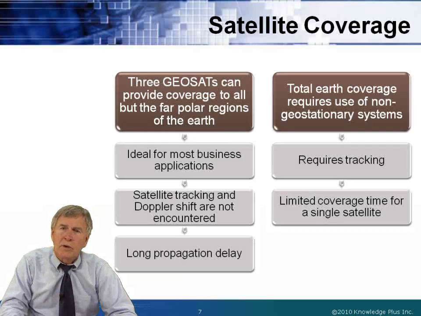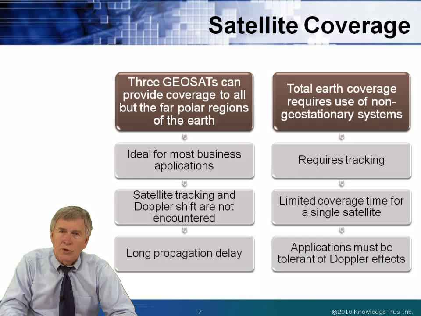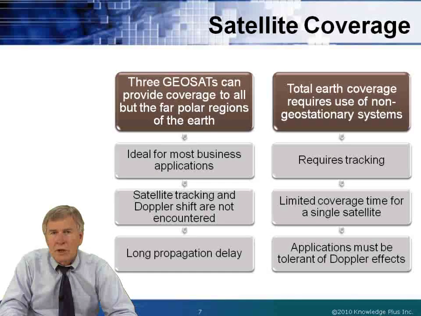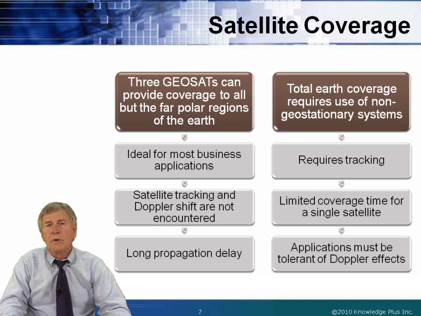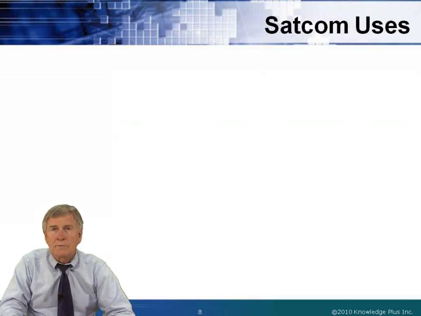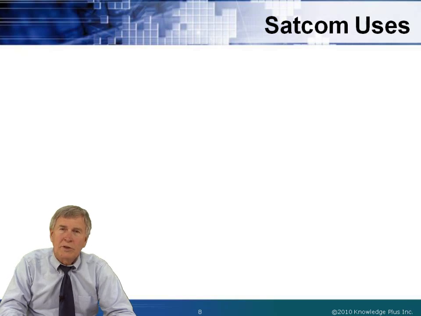That means that we would have to have an expanded constellation of satellites to be fully functional. And the applications and coding methods we use will have to deal with the Doppler effects. And since there are multitudes of systems in operation, obviously these issues have been resolved.